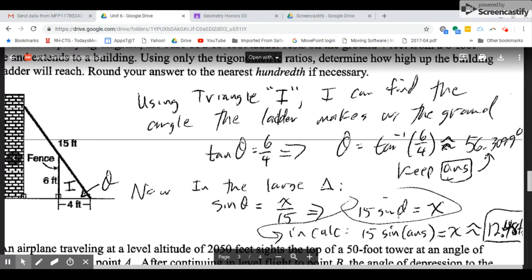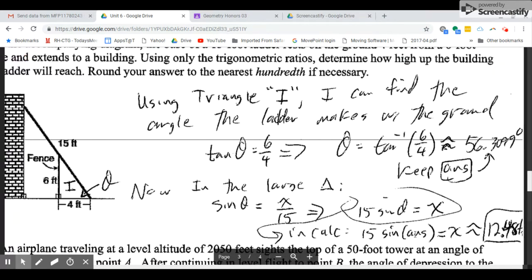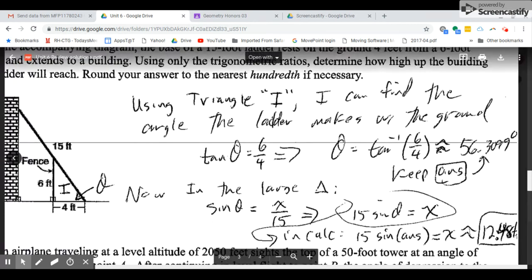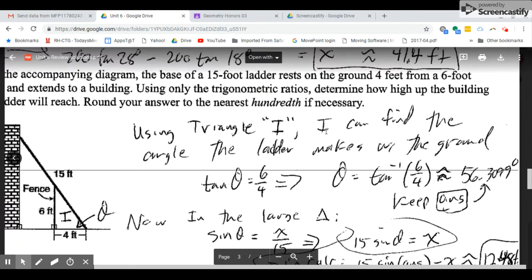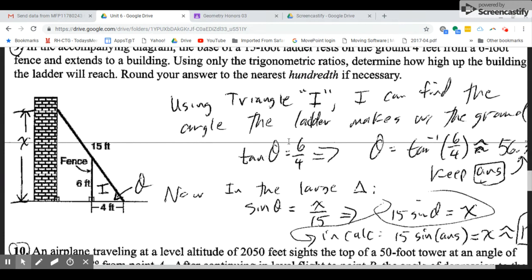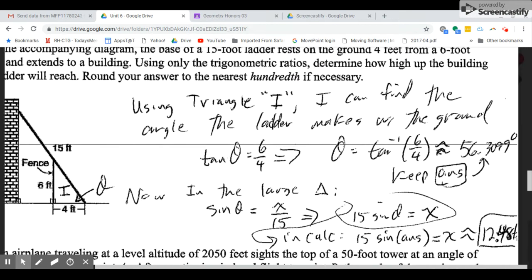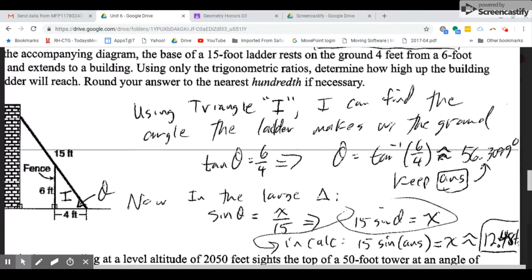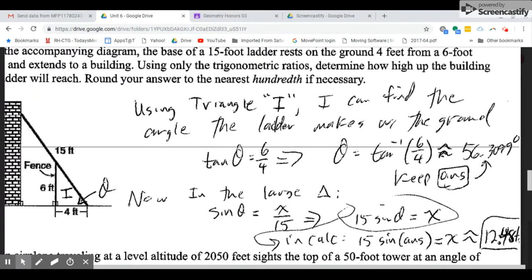Then you do your algebra here, and you get x is 15 times sine of the answer. Type in the answer with second negative, and so it's 15 times sine of the answer, and that equals about 12.48, I believe, when you round to the nearest hundredth. Hey, sir, I rounded to the nearest hundredth. I hope that's okay. It's 12.48 feet.